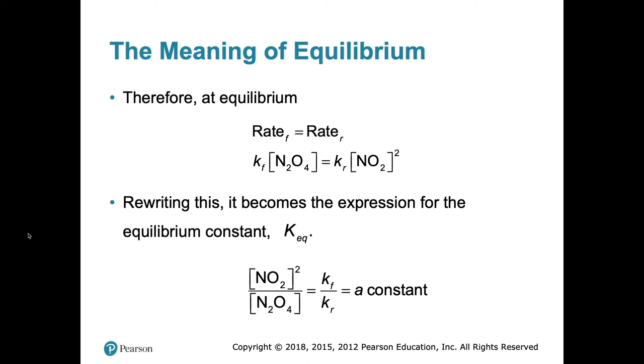The coefficients from the balanced chemical equations. Those are two important things to remember about writing rate equations. Because just like we did in chemical kinetics, if you can't write the correct rate equation, you're not going to be able to solve the problem, okay?